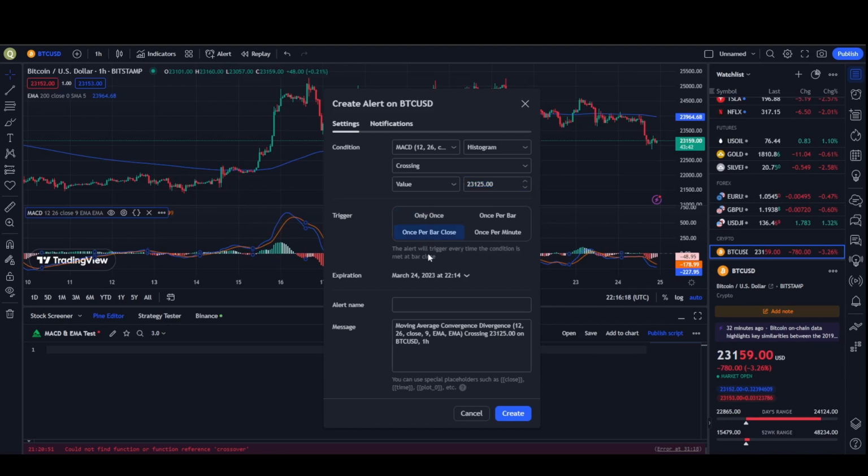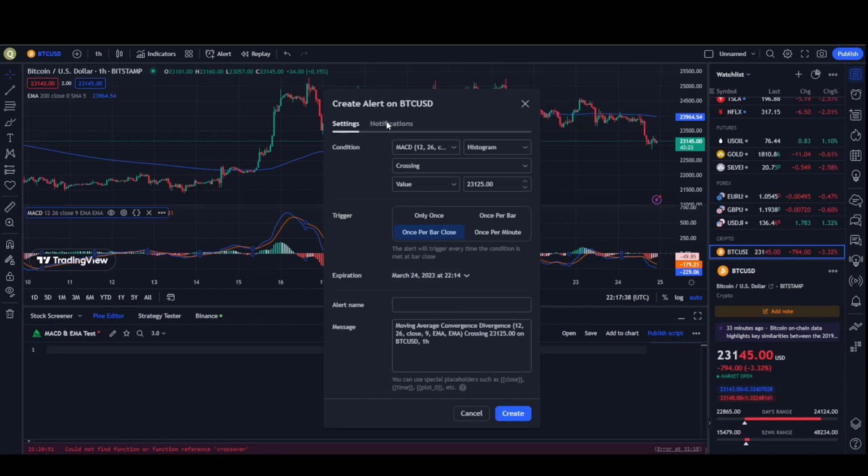Once per bar close, the alert will trigger every time the condition is met at the bar. So we're going to do this one because it's more of a confirmation that it's crossed rather than if it's only crossed once. We're going to leave it like that.